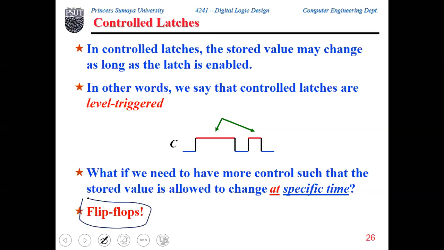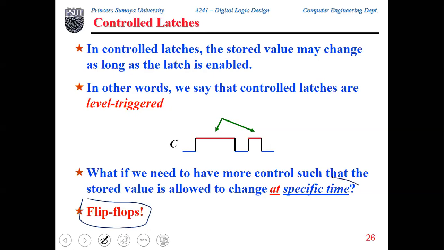We call them the flip-flops. Basically, any flip-flop is a storage element that is capable of storing 1 bit. It has inputs that affect the stored value. And at the same time, it has an input that decides what instant of time is used to allow the inputs to affect the stored value.